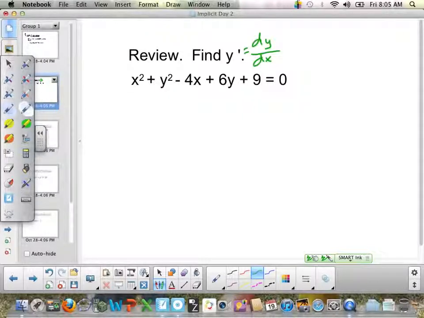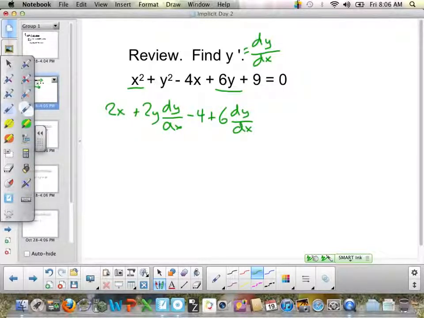When we take the derivative of x squared with respect to x, dy dx is 1, plus 2y, the derivative of y implied inside here is dy dx, minus 4 plus derivative of 6y is 6 times the derivative of what's implied inside of y, dy dx. Derivative of 9 is 0. Derivative of 0 is 0.